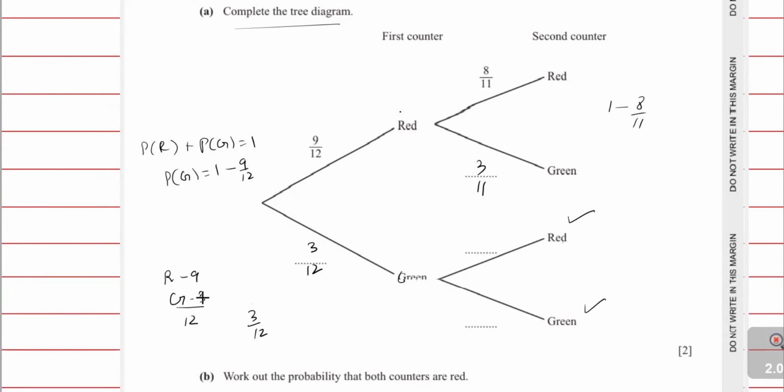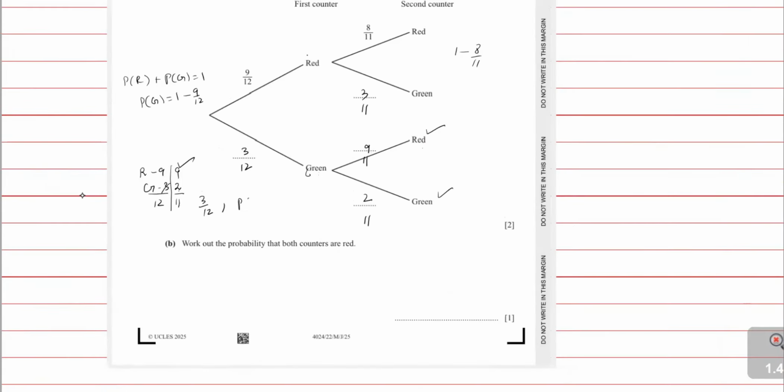But when one counter is already taken, the total number of counters becomes 11. Therefore, the probability of red counter here is 9 red out of 11, we write 9 over 11. And the next green counter here would be 2 out of 11.